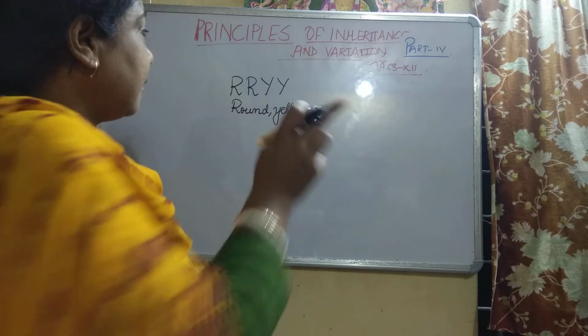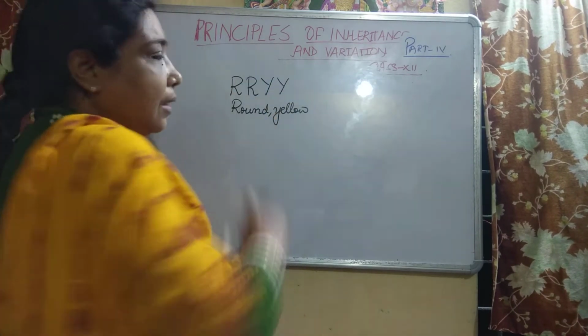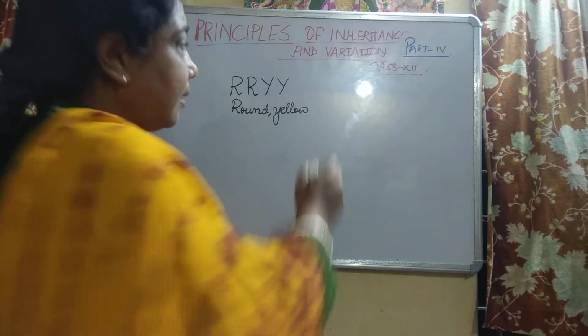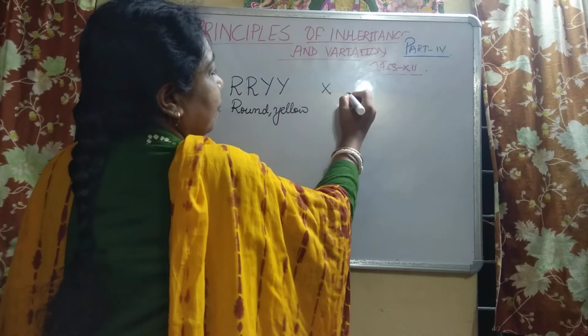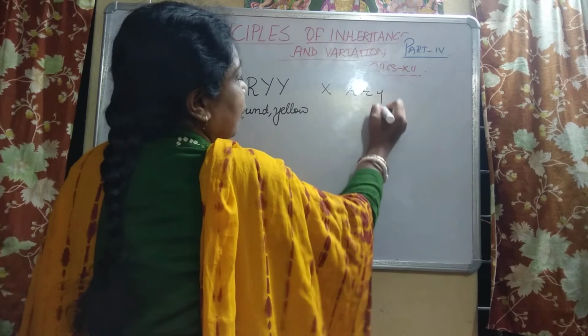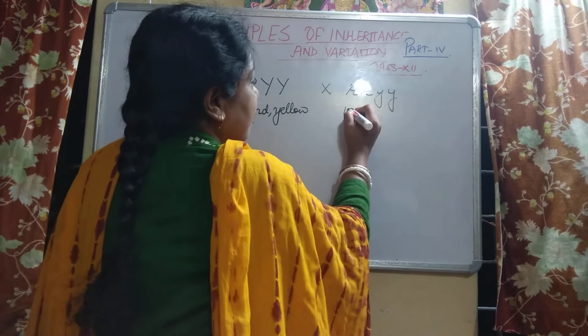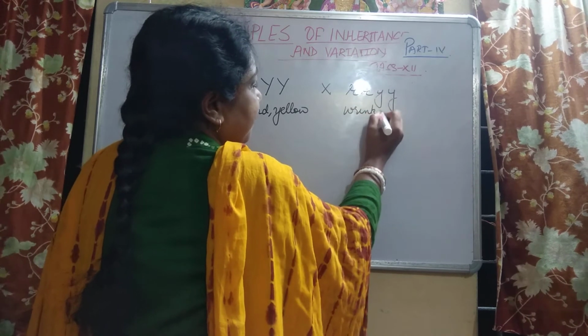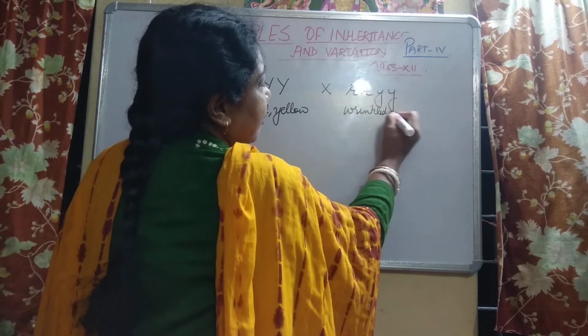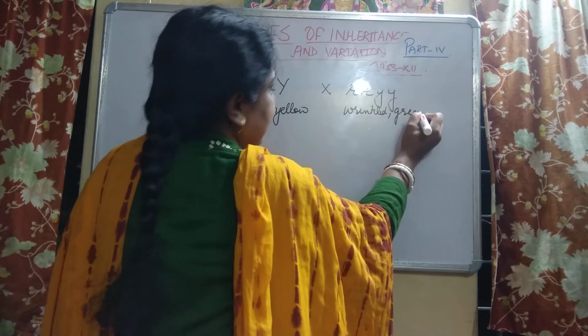Round was dominant, yellow was also dominant. He crossed it with wrinkled green, just the contrasting characters.